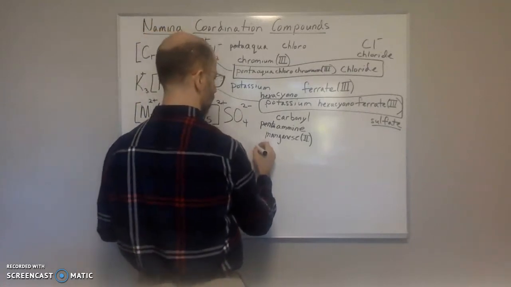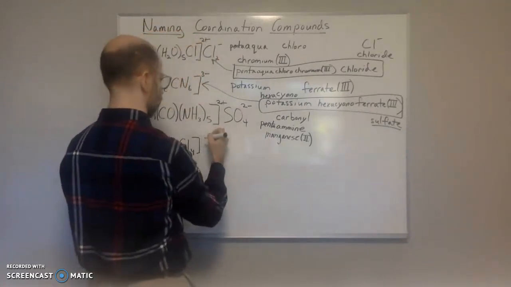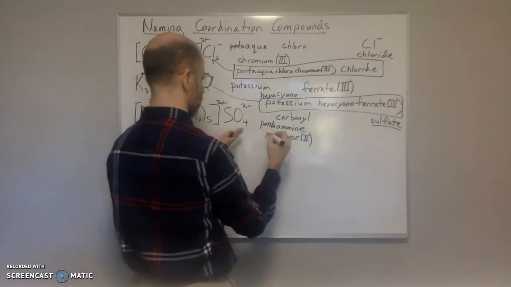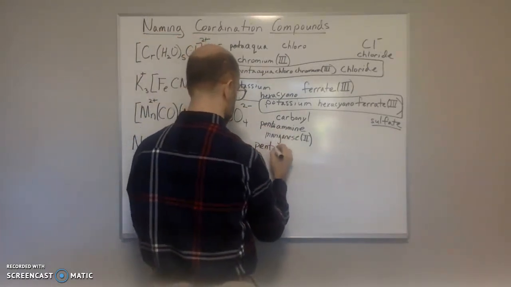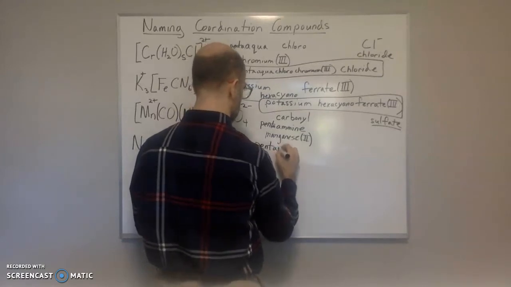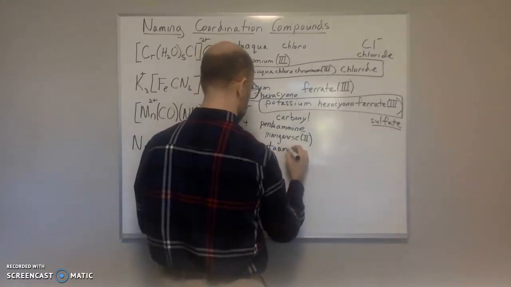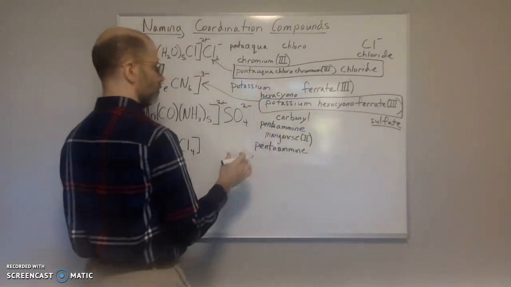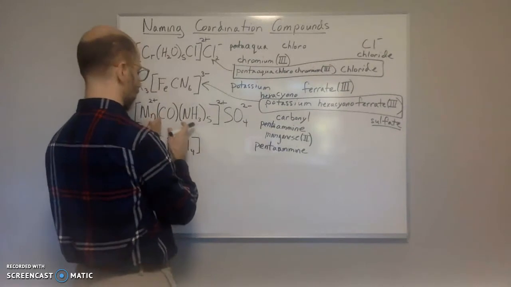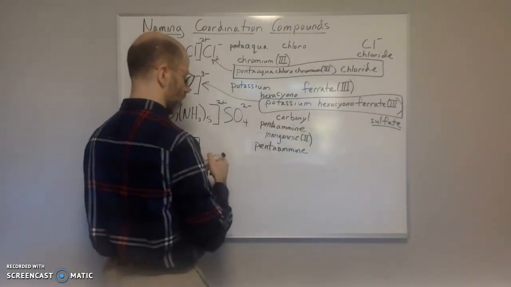We have the complex first. So first is going to be pentaammine, followed by the next thing in alphabetical order, carbonyl.